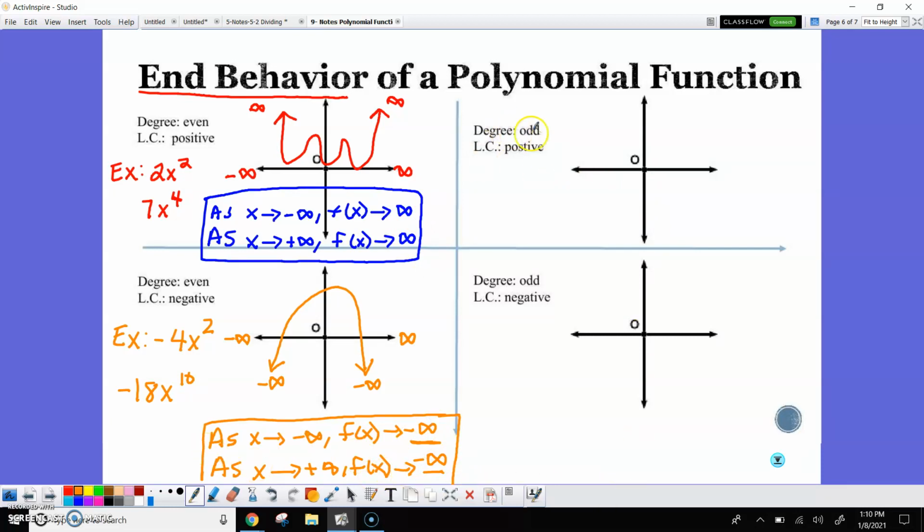So even for the odd degree positive leading coefficients, the beginning part will always be the same. It's just that last one that you need to fill in. As x approaches negative infinity, f of x approaches. As x approaches positive infinity, f of x approaches.